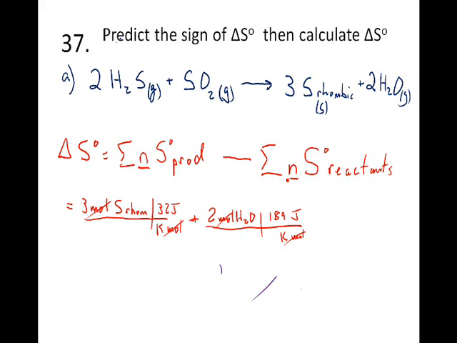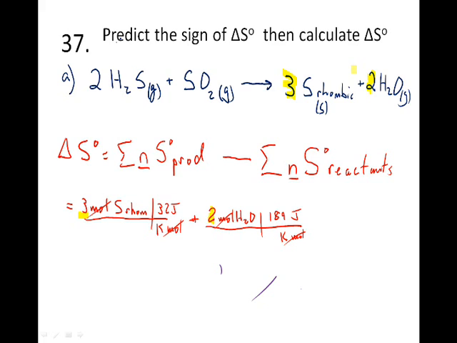So remember, it's the products minus the reactants. So we have 3 moles of sulfur in the rhombic form. That's this 3 right here, 3 moles of sulfur, and 2 moles of water. So we're multiplying those by their entropies and adding them together.